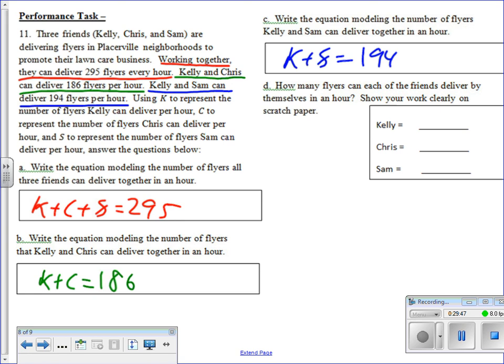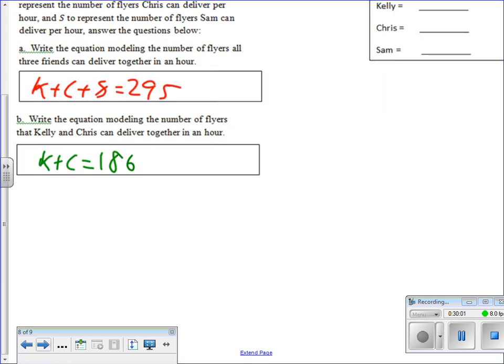How many flyers can each deliver? In other words, solve the system. Those are my 3 equations. Now this one's actually a very easy one to do. K plus C plus S equals 295. K plus C equals 186.